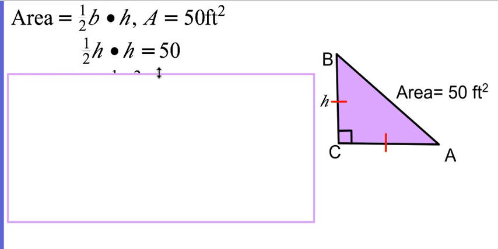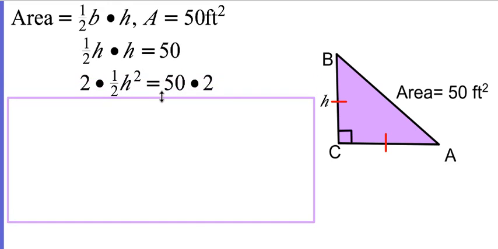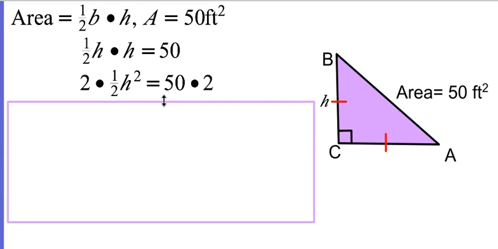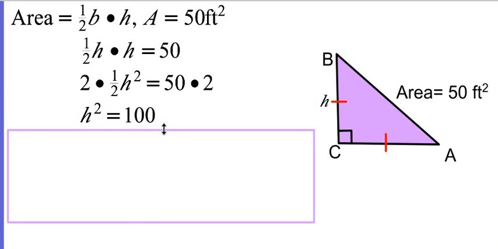To get rid of that half, we're going to multiply both sides by its inverse, which is multiplying by 2. Okay, so when you multiply by 2, you can see that the 2 on the left-hand side cancels with the half, and 50 times 2 is 100. So we're left with h squared is equal to 100.